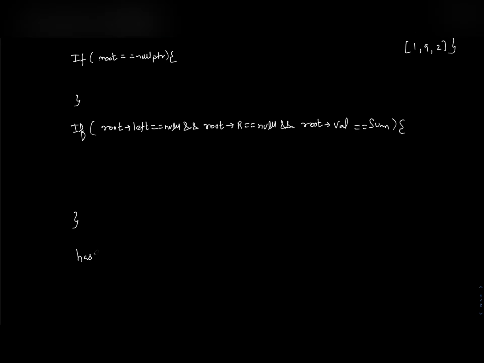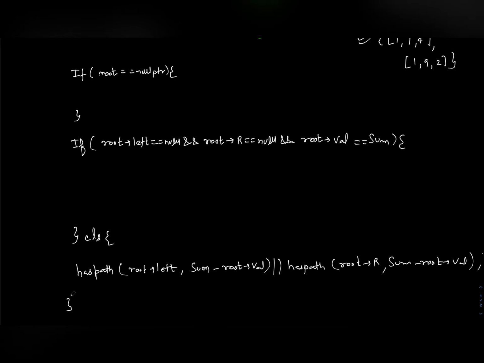Has path, root left, comma, sum minus root value, and similar for the other one. Has path, root right, sum minus root value. So I think this is the same as the previous one. Let's check what is different here.